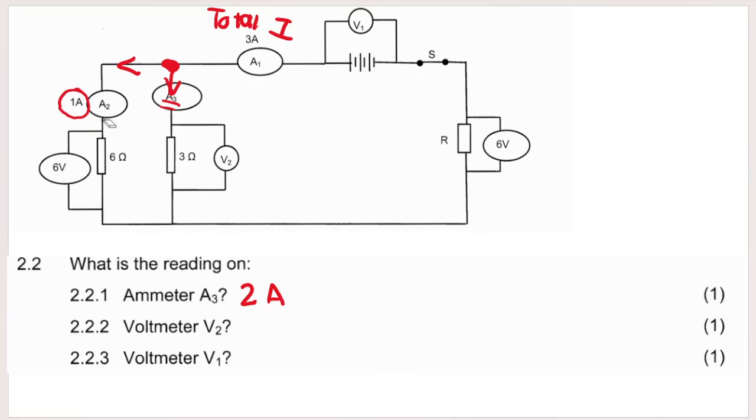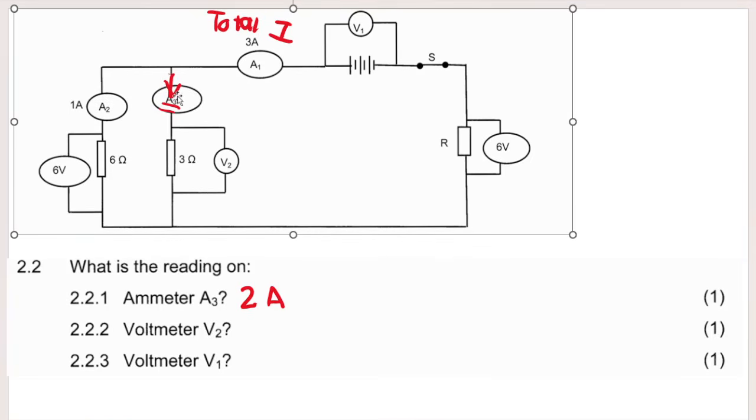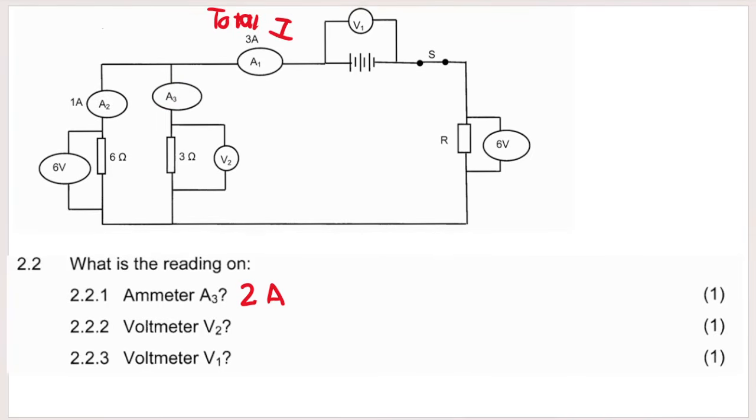Okay, what is the reading on V2? Now remember we discussed that for resistors connected in parallel, the voltage is the same. So now look at these two resistors. We've got this branch over here, which has the 6 ohm resistor, and this branch over here, which has the 3 ohm resistor.